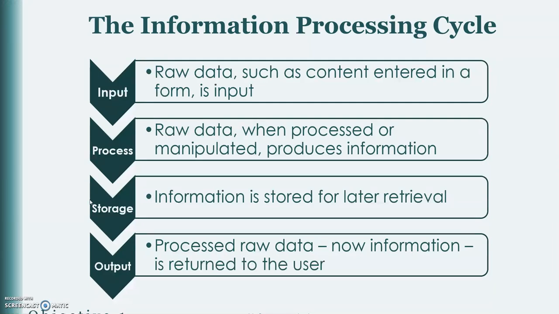The third step is the storage stage. Data or information is stored for later retrieval. Finally, in the output stage, this processed raw data, which we now call information, is returned to the user. The results are presented.